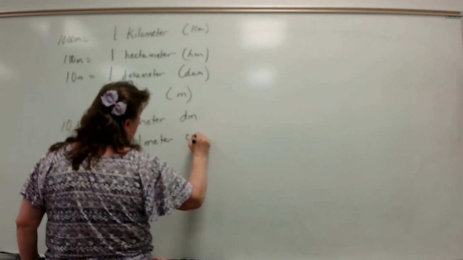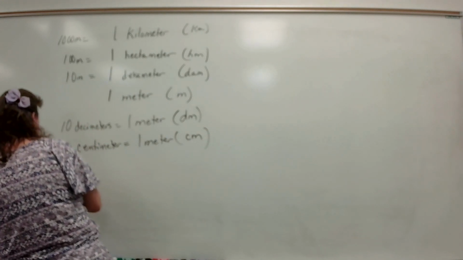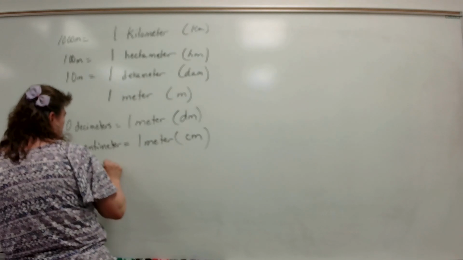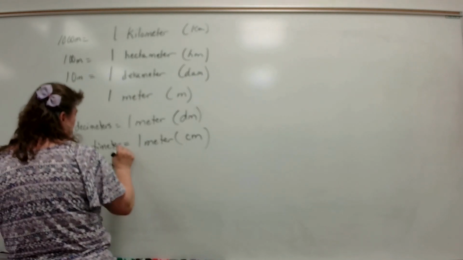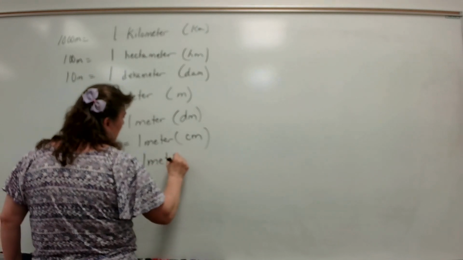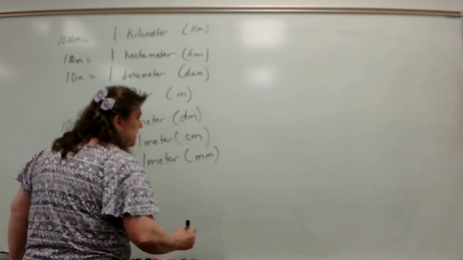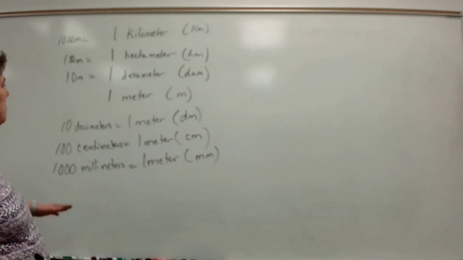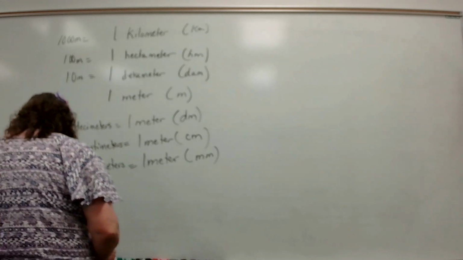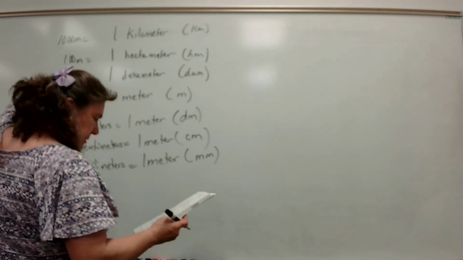And this is cm. And then I have 1,000 millimeters is equal to 1 meter. And this one is mm. So you see, everything is based on powers of 10 when you're dealing with this. And so it makes it really nice to be able to do that.